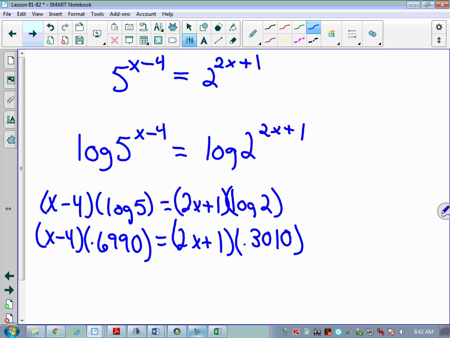So 0.6990x, and what is 0.6990 times negative 4?